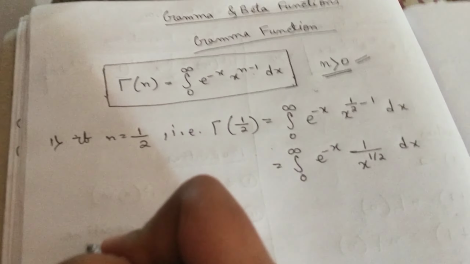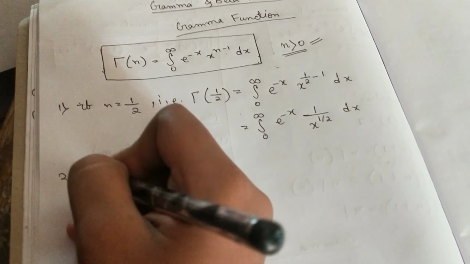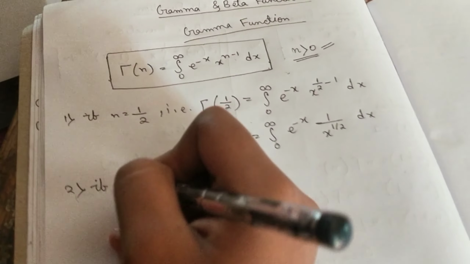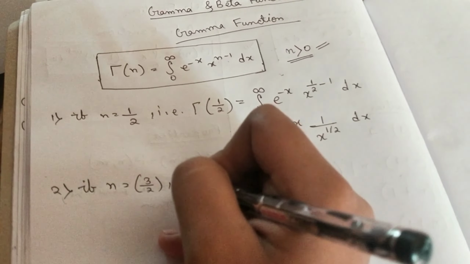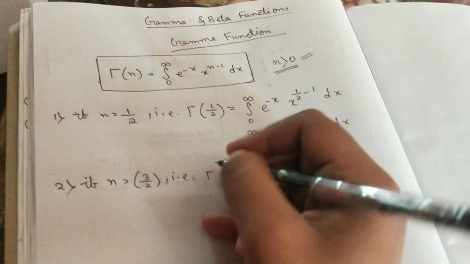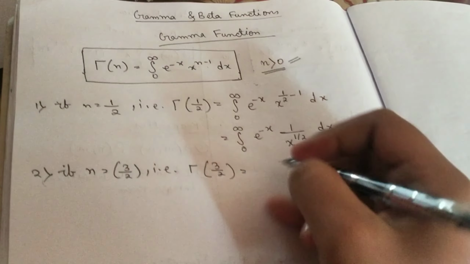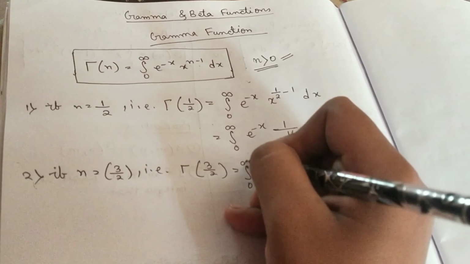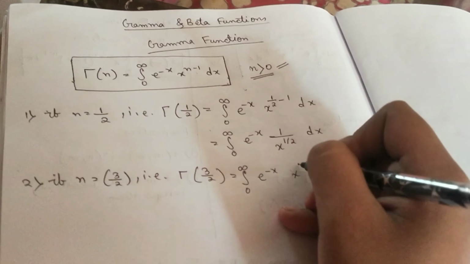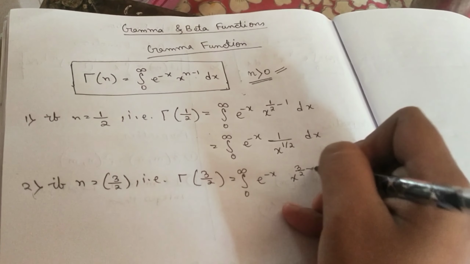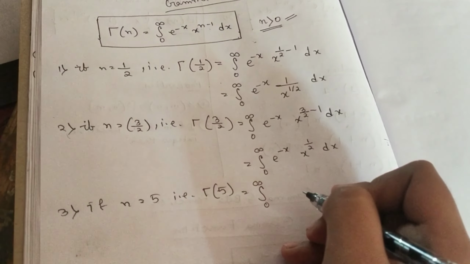Now let's take another example to make it easy. If n equal to 3 by 2, that is gamma 3 by 2, integration 0 to infinity e to the power minus x, x to the power 3 by 2 minus 1 dx, right?